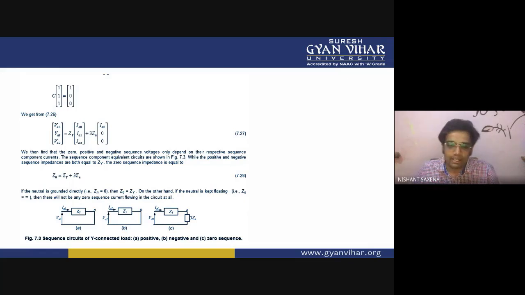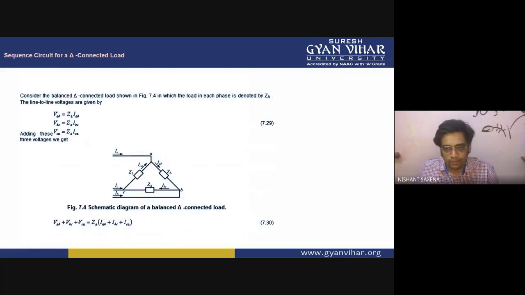That's why we assume that the current will be equal to 0 in the zero sequence circuit if the neutral impedance is infinite, that is, if it is kept floating.